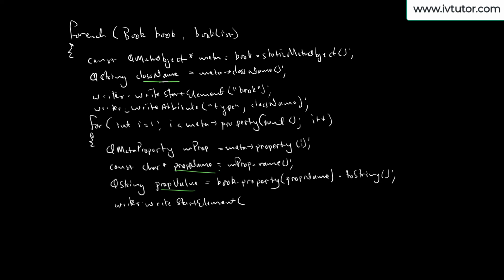The element name is your name of your property name. So I can go prop name. Then writer dot write, is it characters? I think so, not sure. And that's the value, which is your prop value.